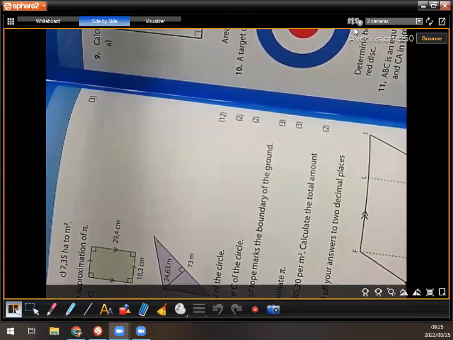Okay, guys. Let me just check on this picture. Yeah, so it is a square, and now we know that.